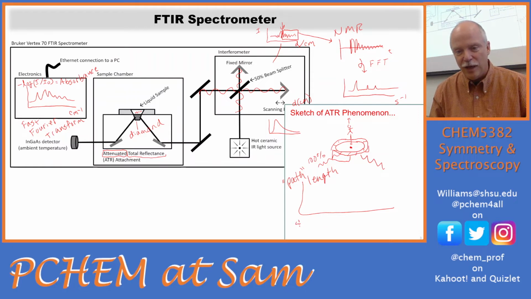So if we have 4,000 wave numbers here and say 400 here, the curve looks like this. And so, you know, this might be way over here, 2 microns, and down here might be 0.2.